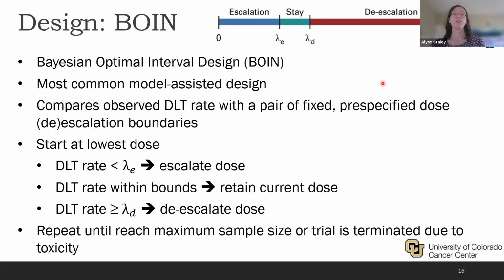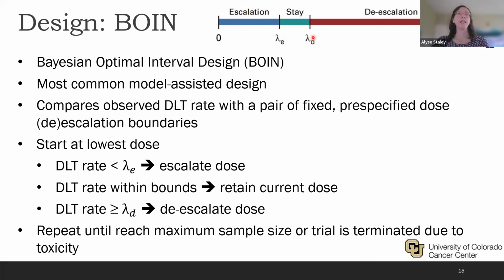Generally, the first cohort of patients are treated at the lowest dose level. If the observed DLT rate is less than the pre-specified escalation boundary, so you're in this blue area, then the next cohort of patients will be treated at the next higher dose.